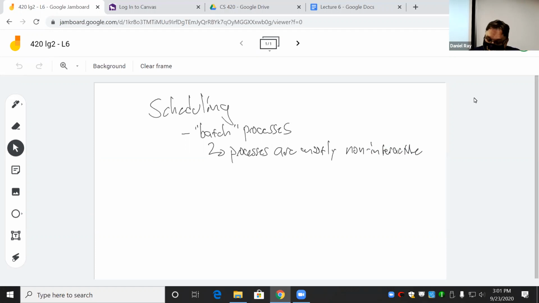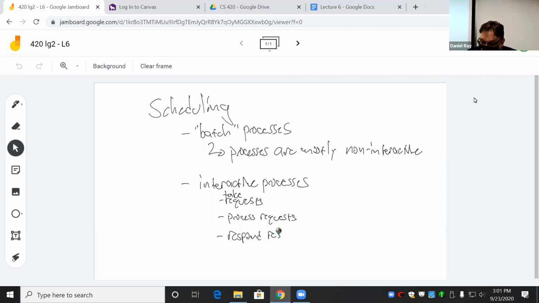of processes in general. More often, we are dealing with interactive processes, okay? Processes that are going to be taking requests, process those requests from the user, and respond to requests, right?